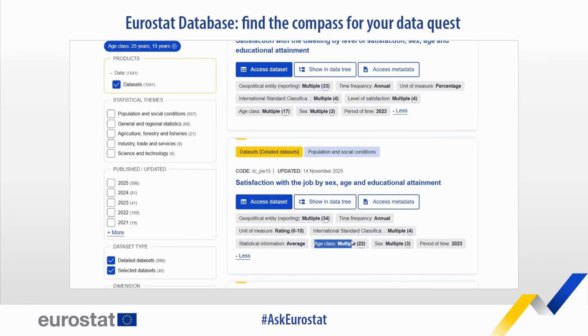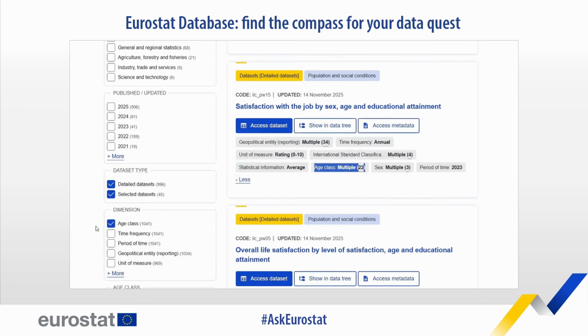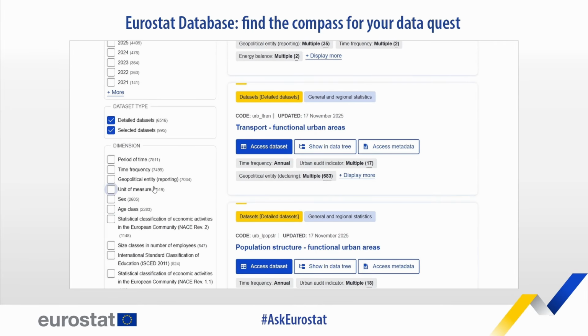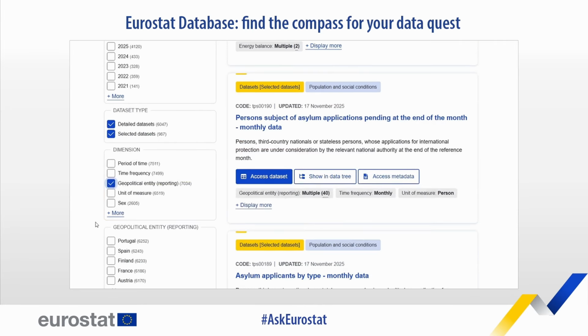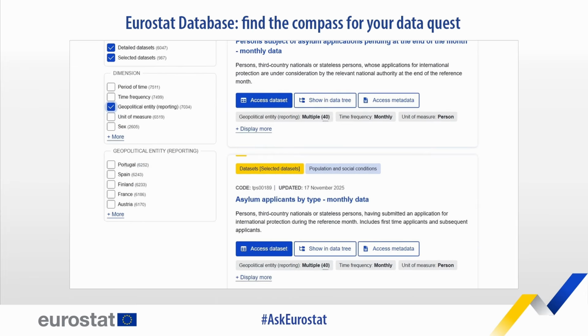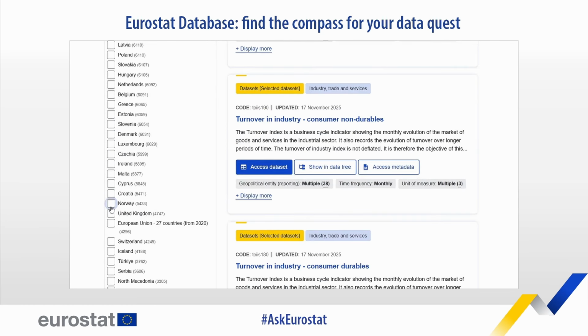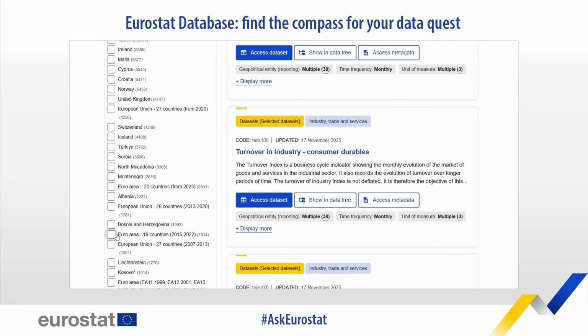If we are specifically looking for data on enlargement countries, we can use the dimension geopolitical entity reporting, which refers to the country or region that reports the data. It can also be the aggregate for the European Union or for the Euro area. As you know, Eurostat tables always include data for all EU member states.